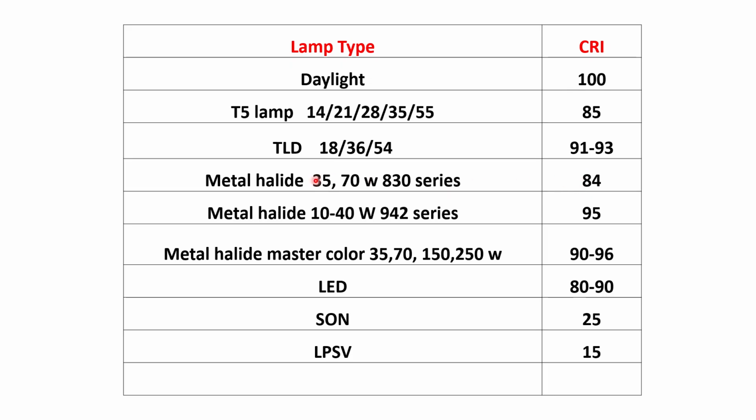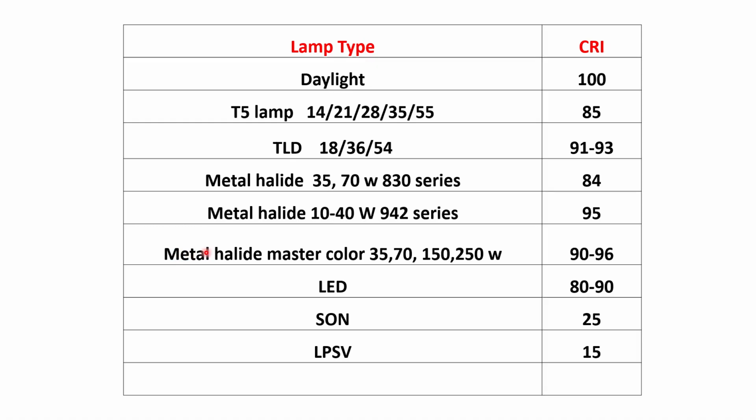Metal halide lamps are used in outside illumination purposes, mostly for cricket and football matches. Metal halide lamps are also available in a lower category, 10 to 40 watt, and having the best color rendering index.